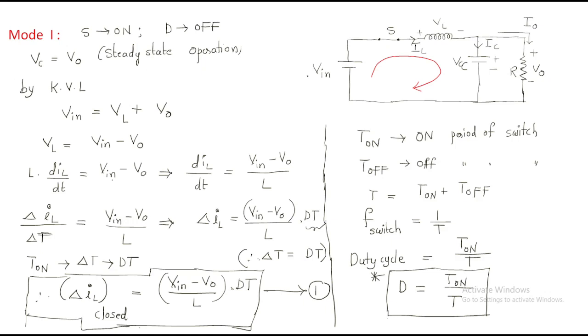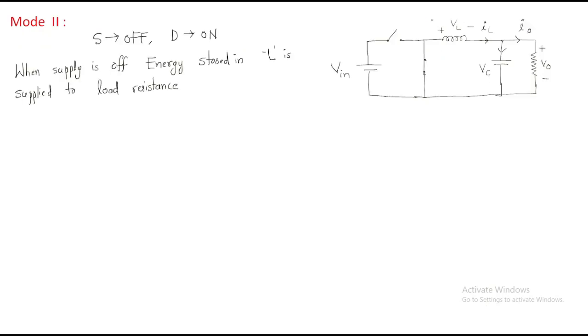In the first mode, when the supply is connected, the inductor will store the energy. Whenever the supply is off, the stored energy in the inductor will be supplied to the load resistance.